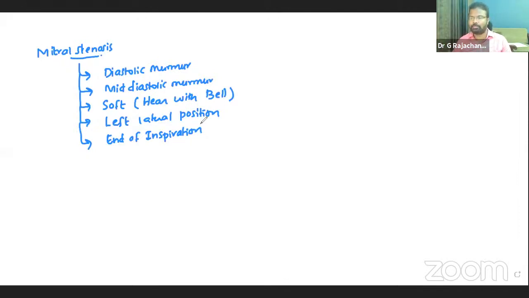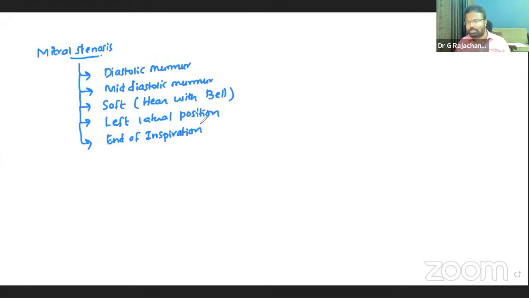Like I'm showing: inspire, expire, hold. At that time you need to auscultate. Finish your auscultation probably in 20 or 30 seconds and allow the patient to breathe. After he breathes for a few seconds, again allow him to hold it for some time, because this murmur is better audible in the end of the inspiration or when the patient is holding the breath.